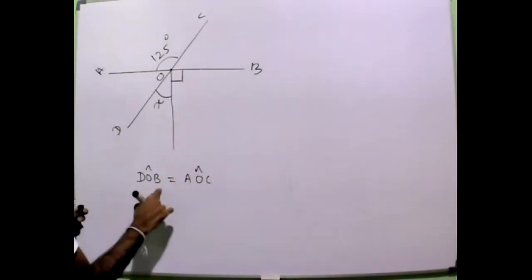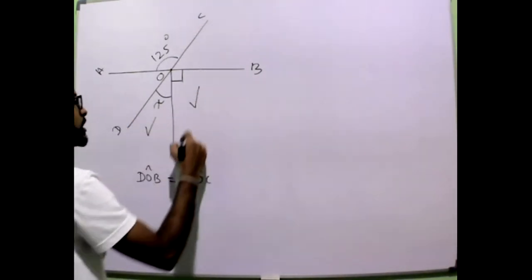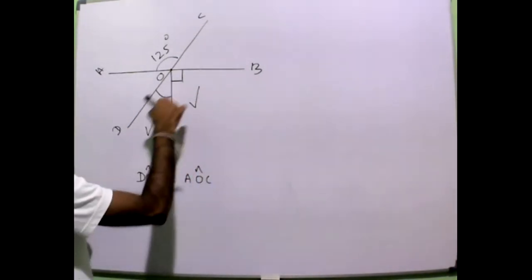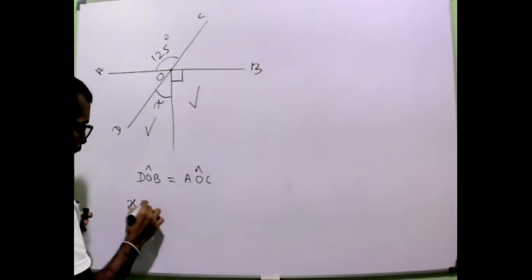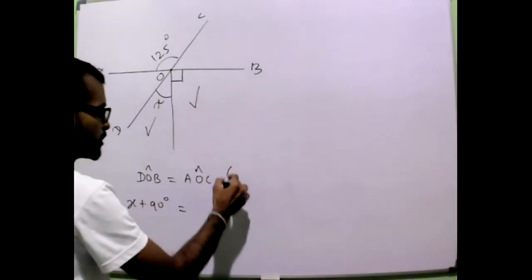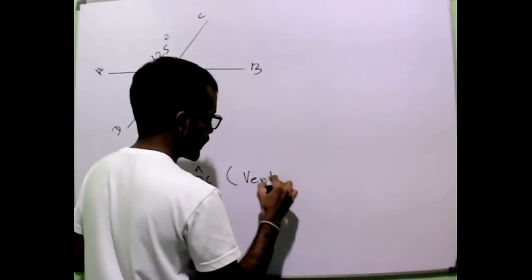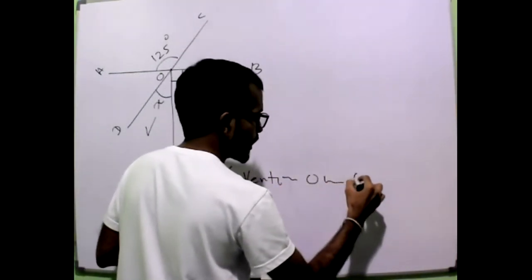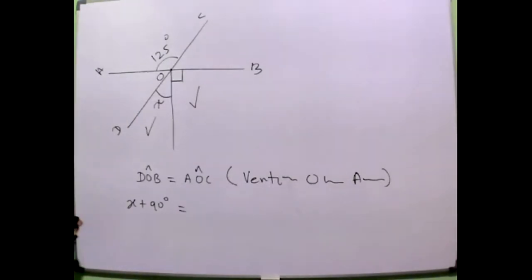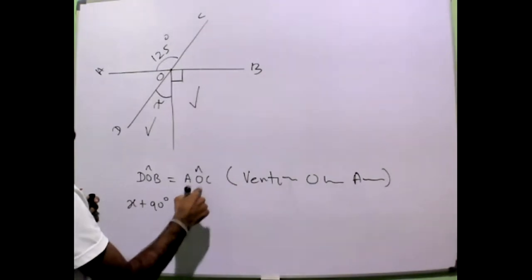Right? So what is DOB angle? This angle plus this angle. So that means x plus 90. This equals, write down the reason, vertically opposite angles. So x plus 90, DOB means x plus 90 equals AOC.